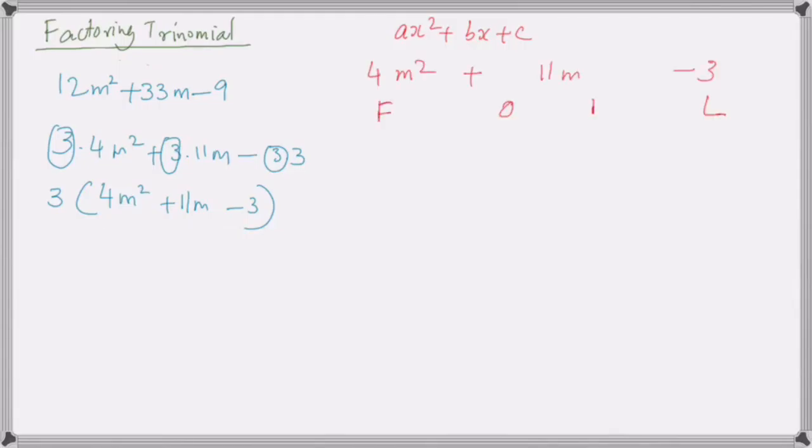Now same as before, we can use FOIL method to solve this, right? You can write 4 as a factor of maybe 1 times 4 is 4, and similarly you can write 3 as a factor of maybe 1 and 3, right? 1 and 3.